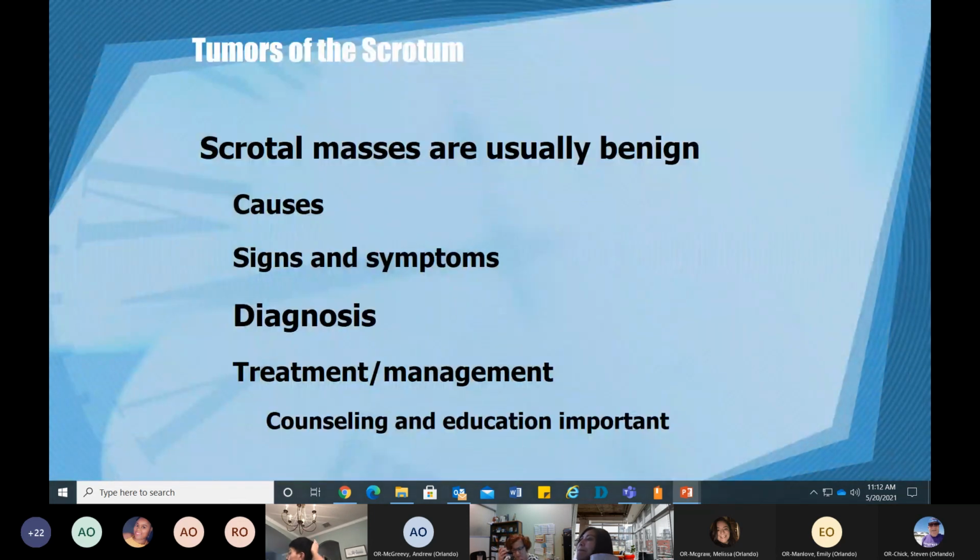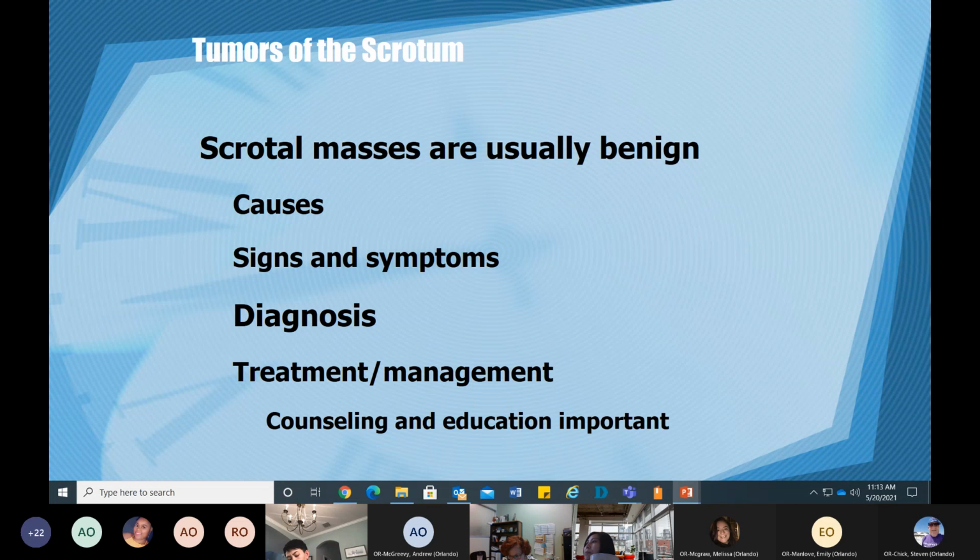So tumors of the scrotum are usually benign. They can show up because, say, the patient had a hydrocele or spermatocele or even a hernia. They're usually treatable. The healthcare provider will just treat the underlying cause of the tumor of the scrotum.